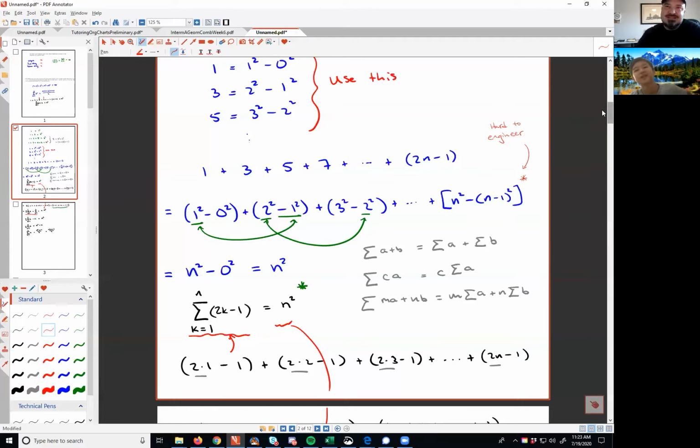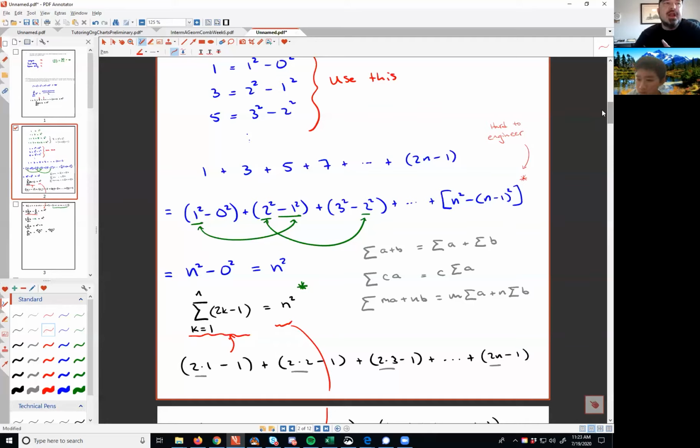Is there like a number, type of number? What was that question? Is there like two kinds of numbers that have a difference of a square or something? Like I said, that's a hard question for me to even answer. I would have to engineer it, but we're going to see how it's engineered.